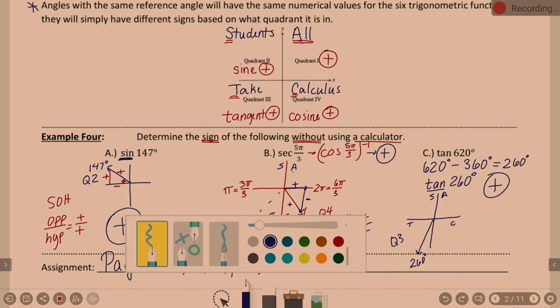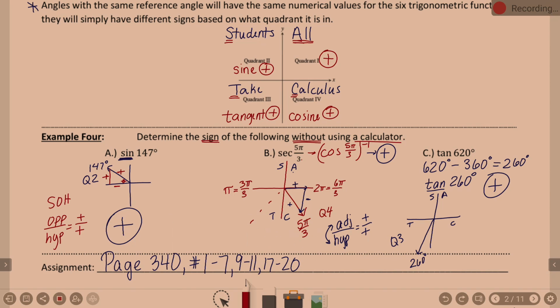Now, on this one, do realize that if I draw my triangle, if I go left, that means I'm going negative. If I go down, that means I'm going negative. Hypotenuse is positive. That angle is always right there at the origin.